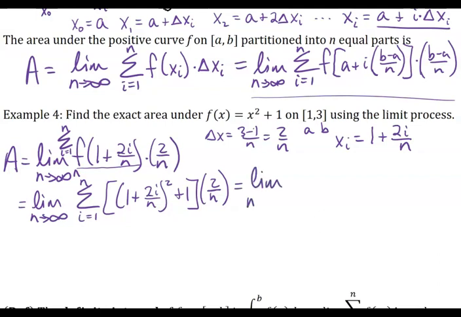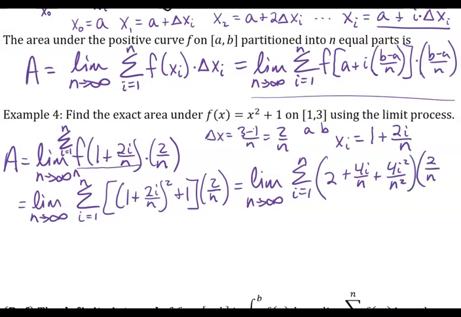So limit as n approaches infinity of the sum from 1 to n of, I'm going to have 1 squared plus 1 is 2, plus 1 times 2i over n doubled would be 4i over n, plus this squared, which is 4i squared over n squared, and that whole thing is multiplied by 2 over n. Remember, I already added the 1 when I made this a 2.